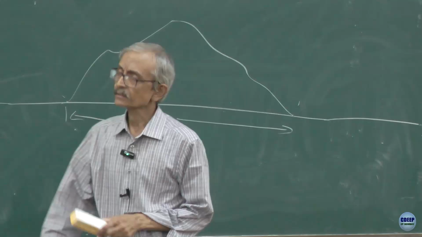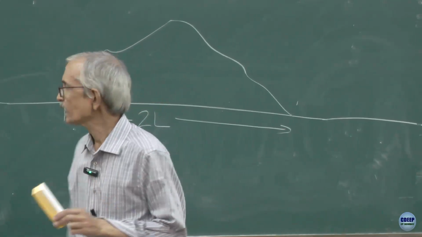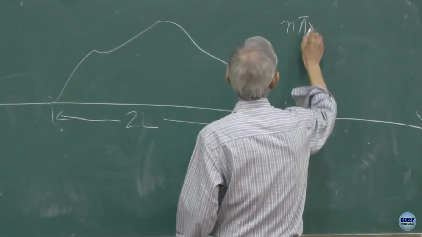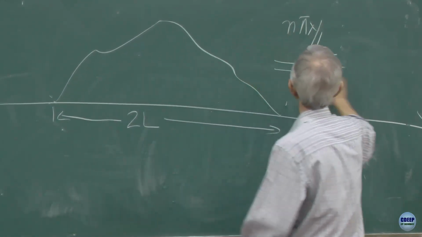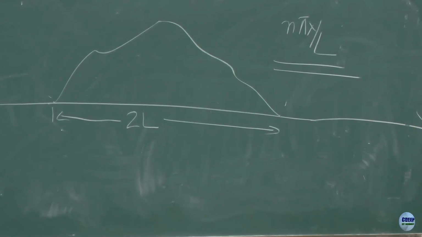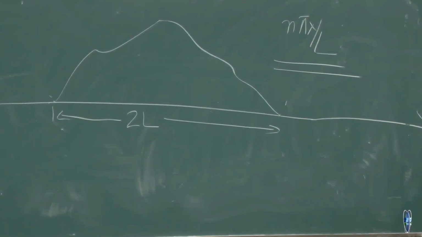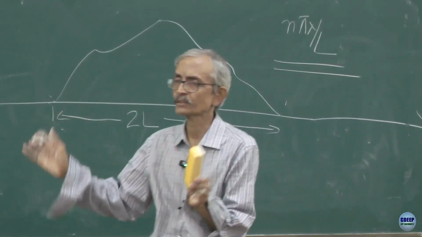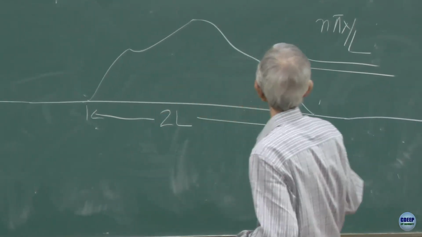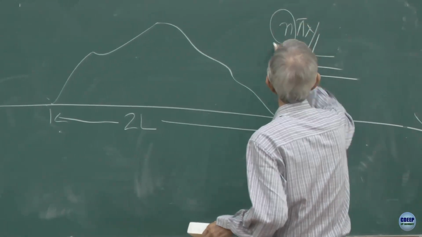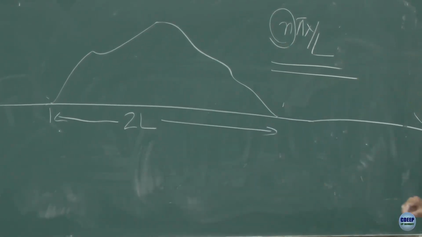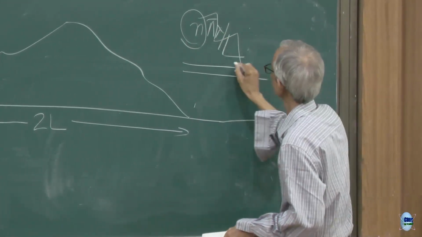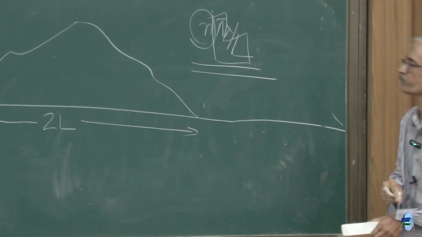Now the other thing is, I have this term n pi x by L. Now n is what? n is a number. It can be 0, 1, 2, 3, 4, 5, 6. So what am I going to get as a kind of frequency?